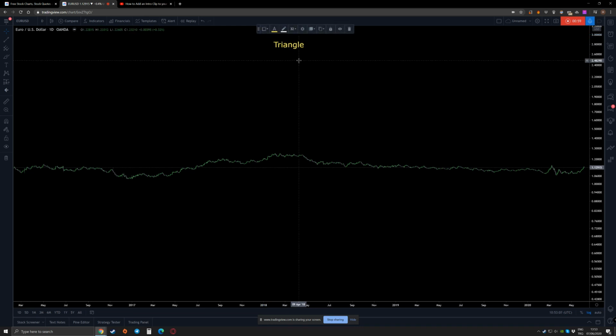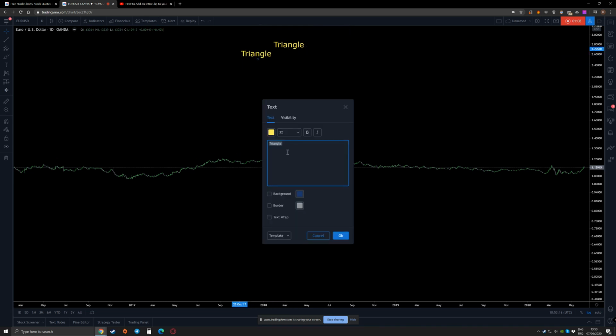So whenever you see a triangle, you have to understand that this triangle is actually part of something. Okay, so when a triangle actually happens, you have to think two things. You're looking at it either as part of a complex correction.